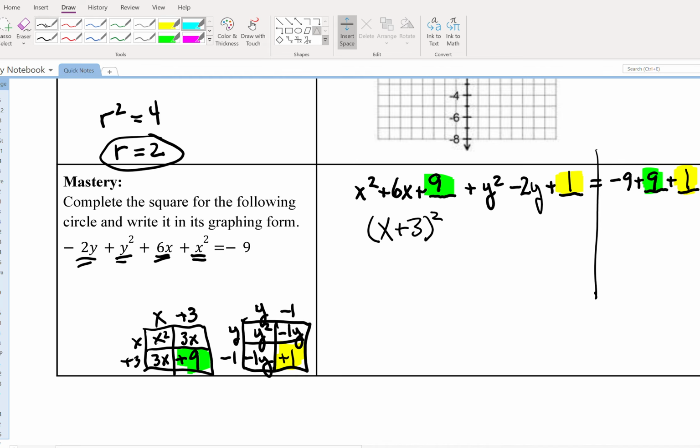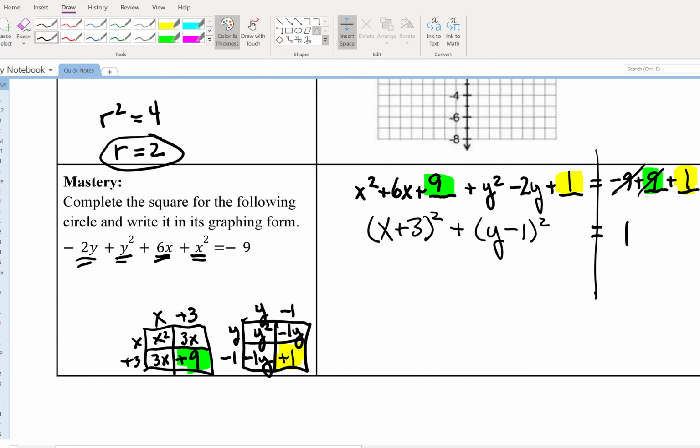And then over here, this is plus y minus 1 squared. Same thing applies. This y minus 1 squared comes from y minus 1 times y minus 1. And then on the other side, this is just equal to -9 plus 9 would cancel each other out. You're just going to be left with 1.